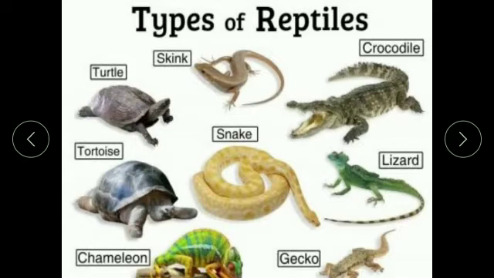Okay, so now let's see that first group there, reptiles. Now, reptiles is a group that mainly has different types of lizards. Okay, it has snakes, crocodiles, and turtles and tortoise. There are many more than this, of course. And here, this is just a picture of a few of them.